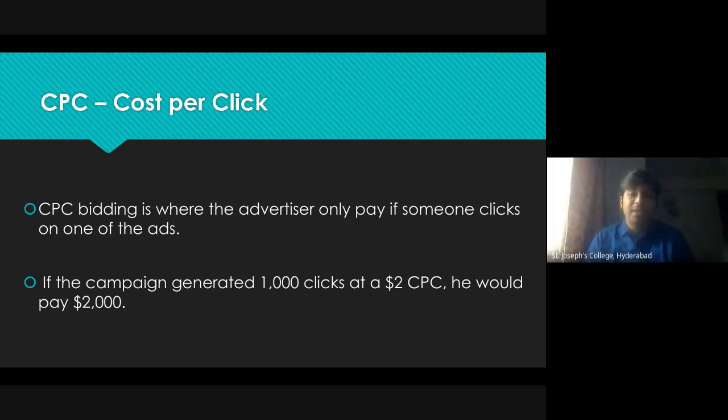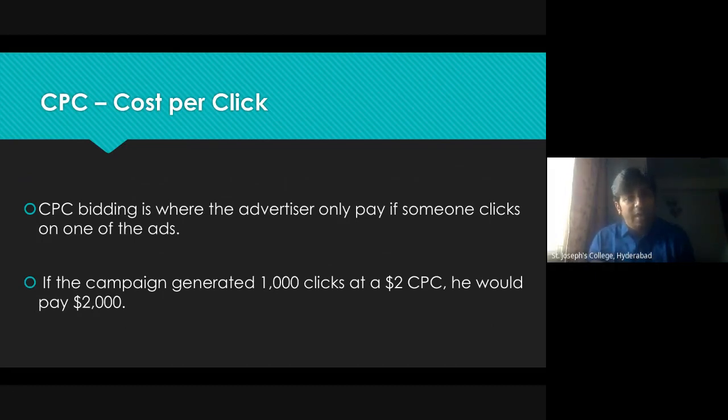It is calculated only when a user clicks on a particular ad, which might again be a search engine ad, display ads or the pop-up ads that you normally come across on various websites, maybe on the desktop or laptop version. Only when the user clicks, the advertiser would be charged.